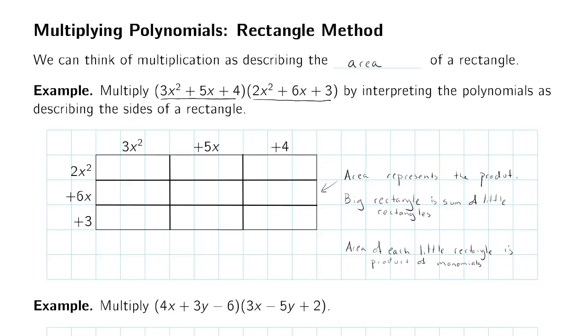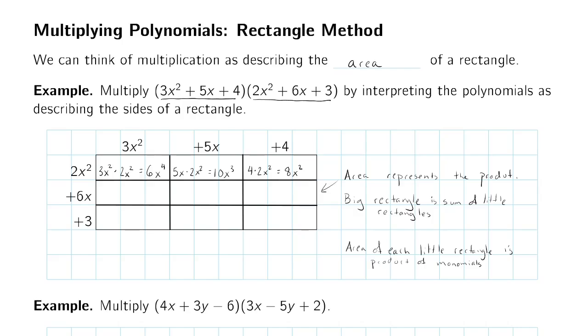So this rectangle has width 3x squared and height 2x squared. So its area is 6x to the 4th. This little rectangle has width 5x and height 2x squared. So its area is 10x to the 3rd. This rectangle has width 4 and height 2x squared. So its area is 8x squared.